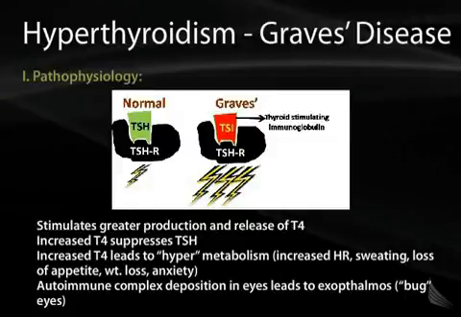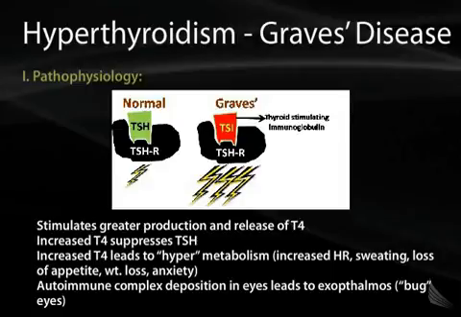So the first one is Graves' disease. It is by far the most common cause of hyperthyroidism. Graves' disease is usually caused by autoimmune disease. Autoimmune because it is associated with a specific immunoglobulin called the thyroid-stimulating immunoglobulin, which binds to the TSH receptor and independently activates the TSH receptor.